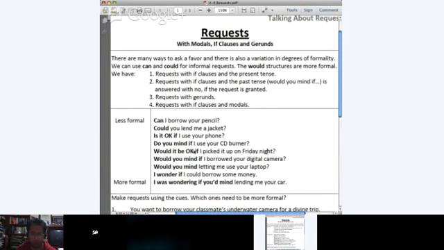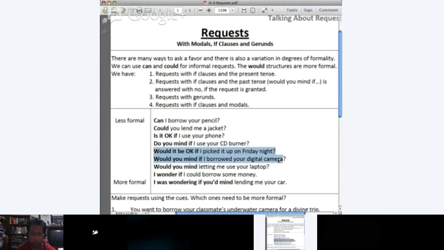So would it be okay if, so an if clause here, if I picked it up on Friday night? If the person says yes, it would be okay, then you say, yes, it's okay if I pick it up on Friday night. What about the next one? Would you mind if I borrowed your digital camera? Again, number 2.